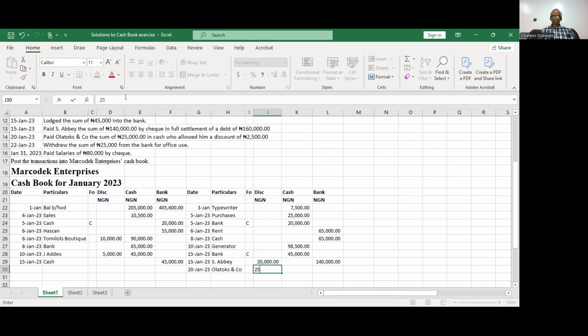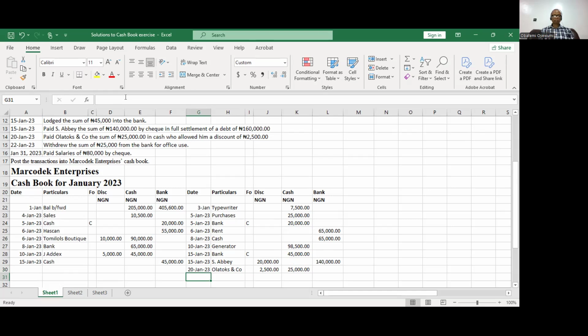So have discount 2,500 here. And then how did he pay? Cash. So you're going to be having 25,000 here as the amount that he paid in cash. All right, so let's go to the next one.